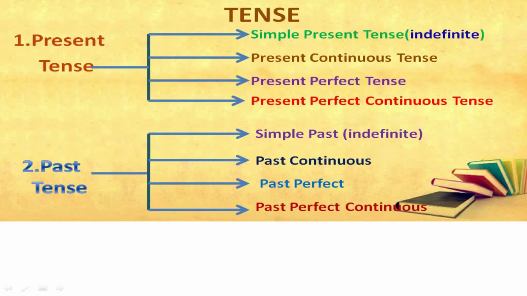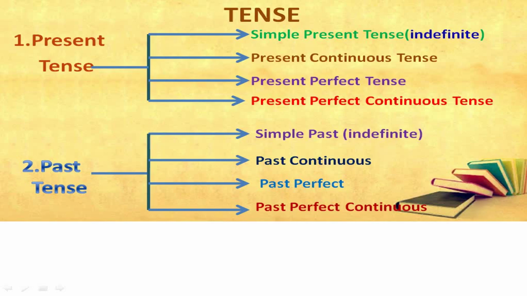Again, each of these tenses is classified into 4 types. Present tense has 4 types: simple present tense, that is indefinite tense, present continuous tense, present perfect tense, present perfect continuous tense.